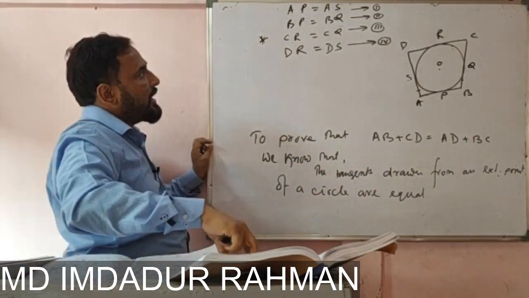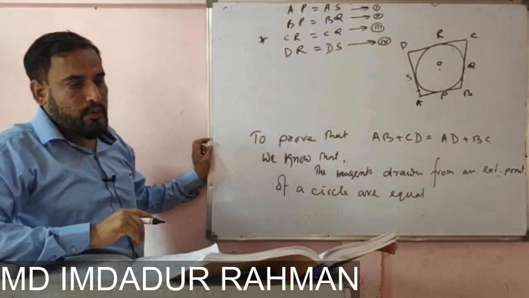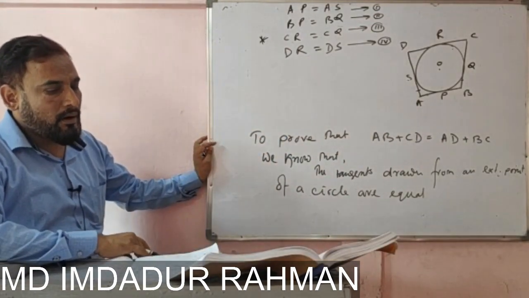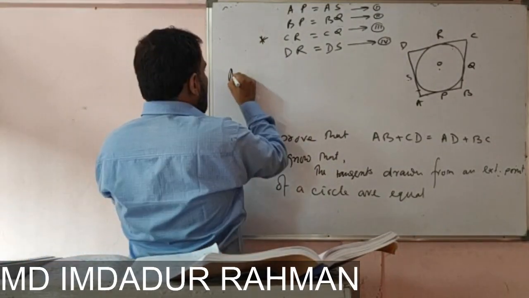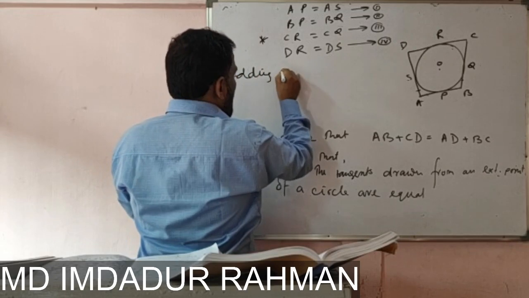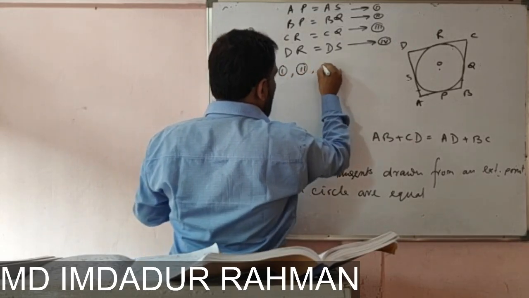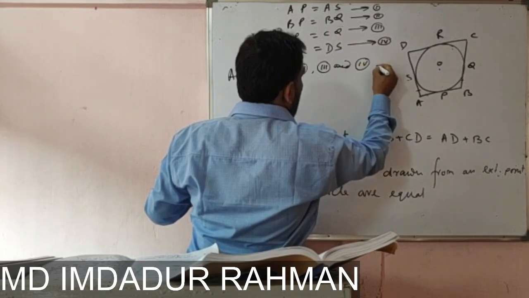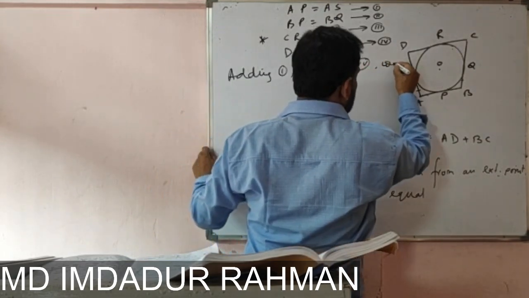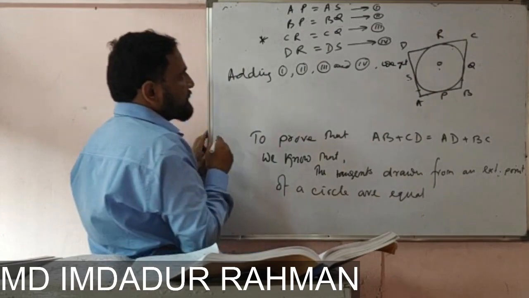Now if we add 1, 2, 3 and 4, meaning all of them, what do we get?